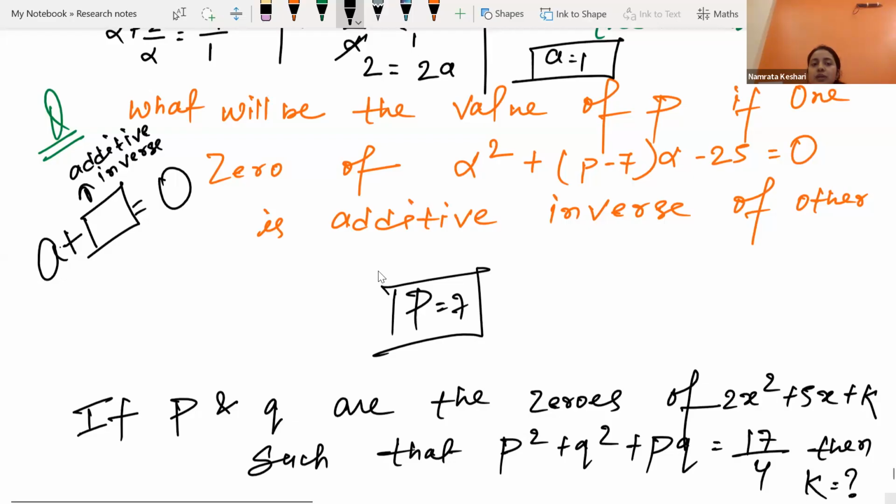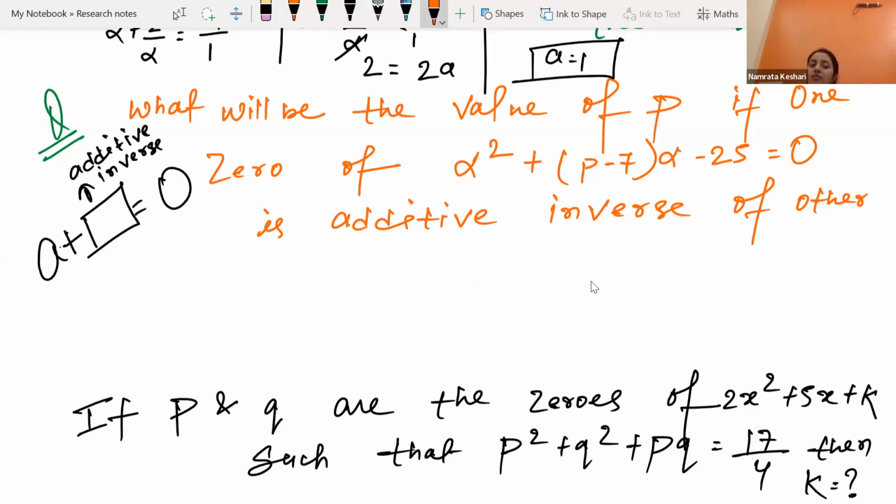Yeah, sure. So here, what will be the value of P if one zero of this polynomial is additive inverse? Additive inverse of A is minus A. Additive inverse of 2 is minus 2. Additive inverse of 3 is minus 3. So if you are taking one of the zeros as alpha, another zero will be minus alpha.